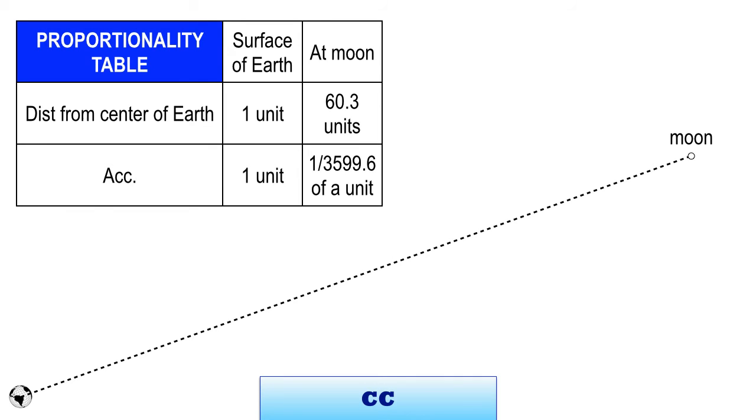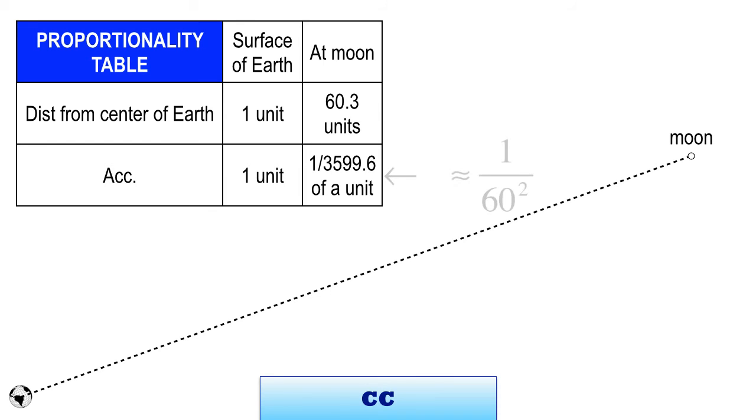Similarly, acceleration-wise, if g is your unit of acceleration, then the moon's centripetal acceleration due to gravity from Earth itself, according to Sir Isaac Newton, is about 1 over 3,599.6. And that's pretty darn close to 3,600.